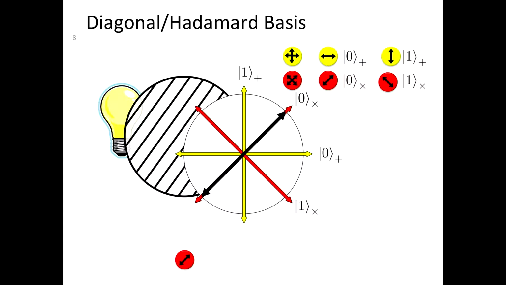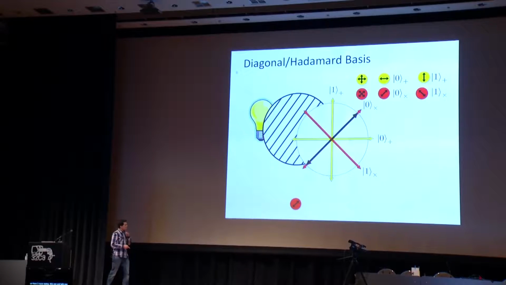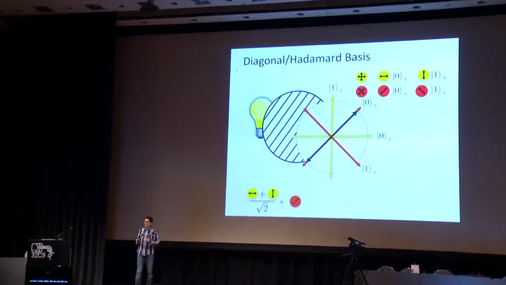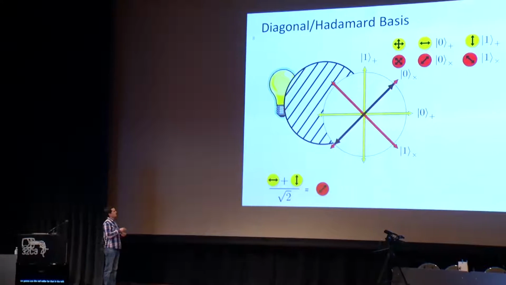And so these are these two states here, the 0 state in the diagonal basis and the 1 state in the diagonal basis, or Hadamard basis. And together they form another orthogonal basis. So this state, the 0 state, in terms of linear algebra, you can interpret as a linear combination of the 0 and 1 state.